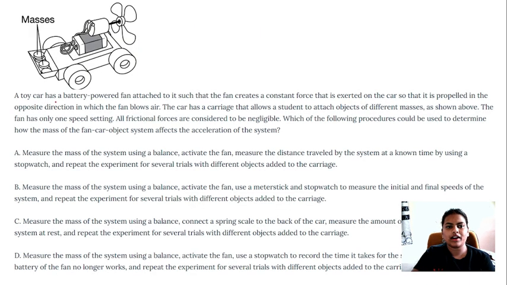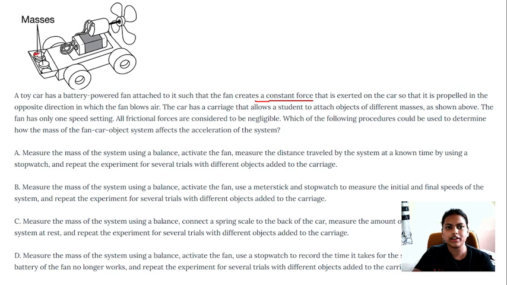A toy car has a battery powered fan attached to it such that the fan creates a constant force that is exerted on the car so that it is propelled in the opposite direction to which the fan blows air. The car has a cartridge that allows the student to attach objects of different masses as shown in this figure.